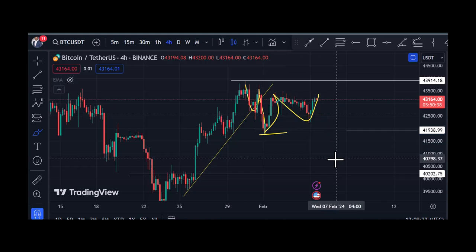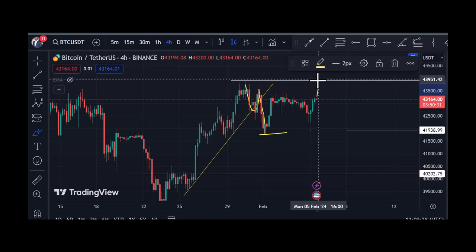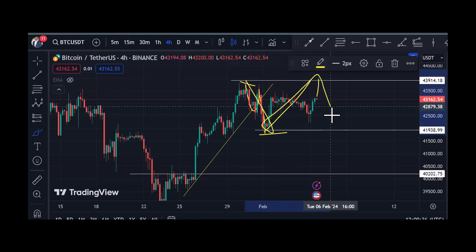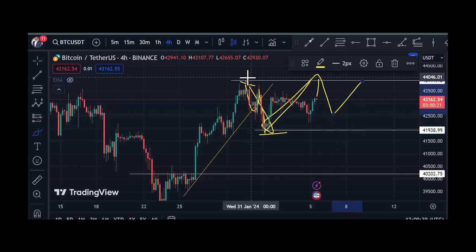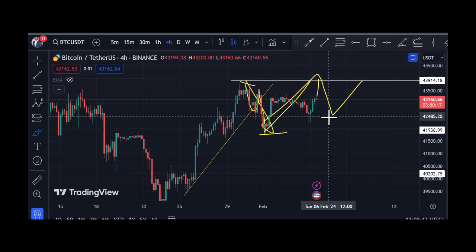Also, there are possibilities this can be another flat like this, making it a regular flat, whereby it actually breaks the entire move, even breaking at this point, making it this, and also drops like this. So either way, these are the possibilities that we are expecting.